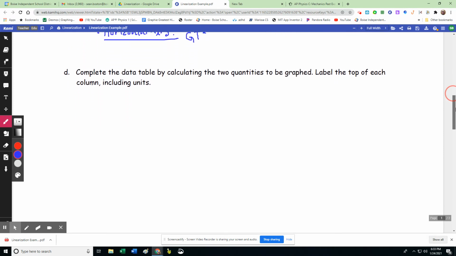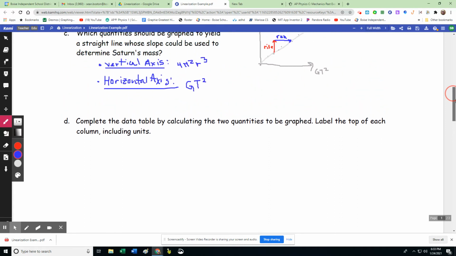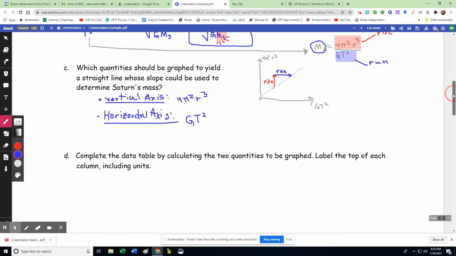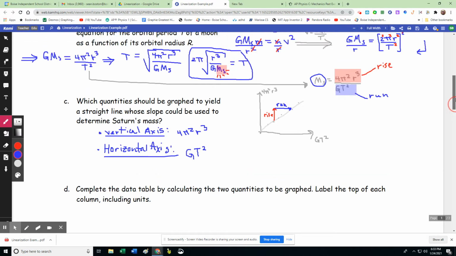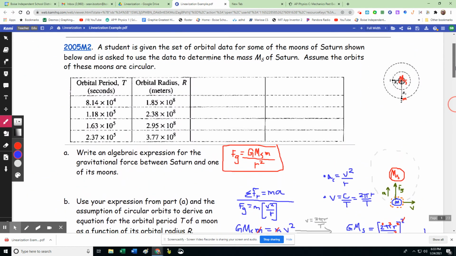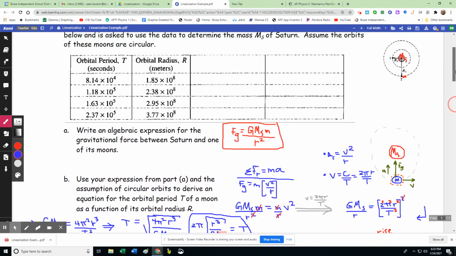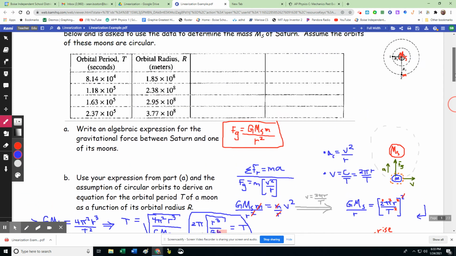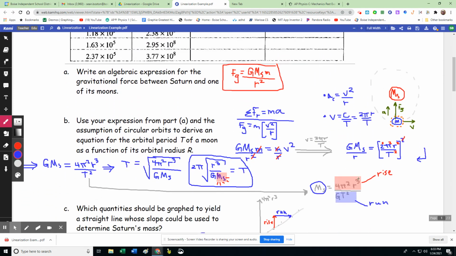Okay, complete the data table by calculating the 2 quantities to be graphed. Label the top of each column, including units. Okay, so we're going to go up to this table right here, and we're going to transform all this data basically into this and this for the columns.